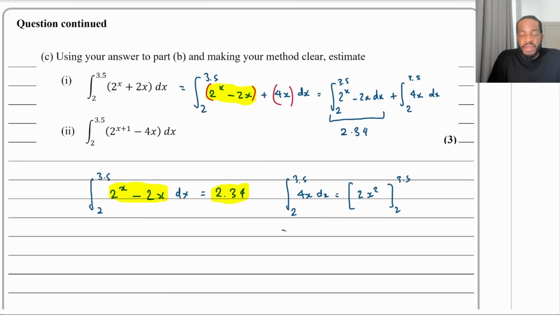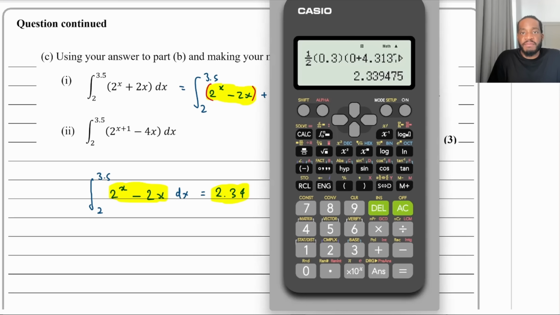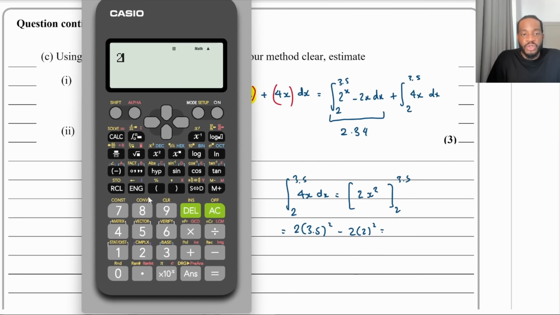So therefore, evaluating that, that's going to be 2 times 3.5 all squared minus 2 times 2 all squared. Put that into the calculator. What does that give me? 2 times 3.5 all squared minus 2 lots of 2 squared. And this is equal to 33 over 2, which is 16.5. Let me just make sure. Yeah, looks fine. 16.5.